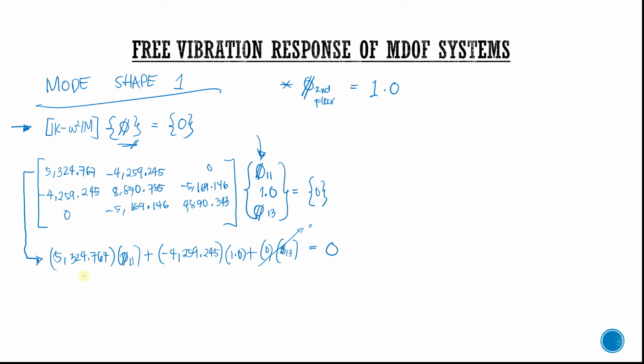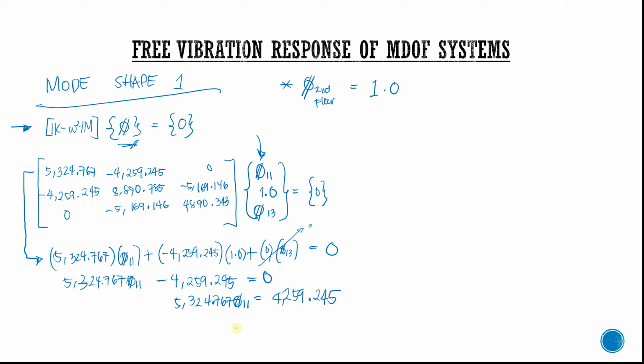So let's just simplify this. We'll have 5,324.767 phi 11 minus 4,259.245 is equal to 0, or 5,324.767 phi 11 is equal to 4,259.245.